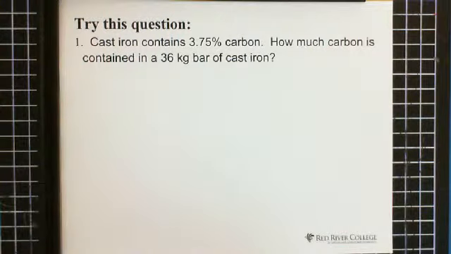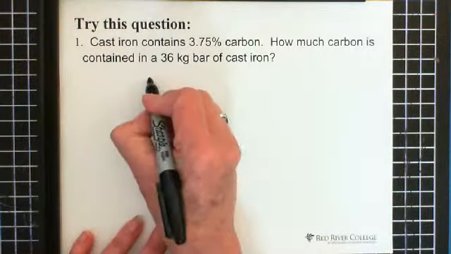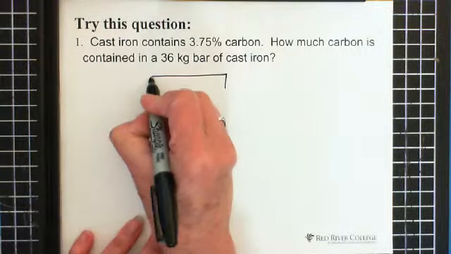Okay, so here we have a question. Cast iron contains 3.75% carbon. How much carbon is contained in a 36 kilogram bar of cast iron? Okay, so sometimes it helps to draw a picture. Here's our bar.